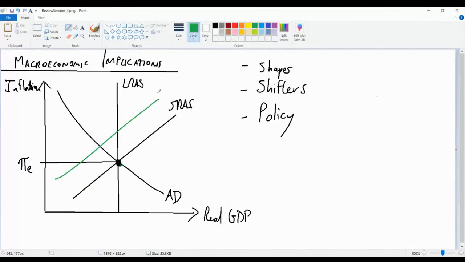That's viewed as undesirable. The alternative would be to raise rates to fight the inflation, to cut inflation, that's what I meant to say.